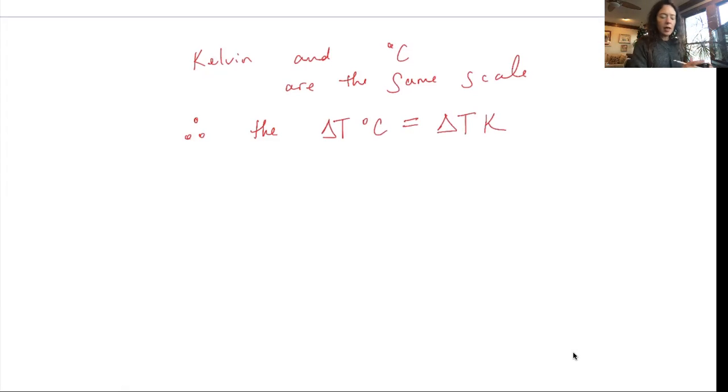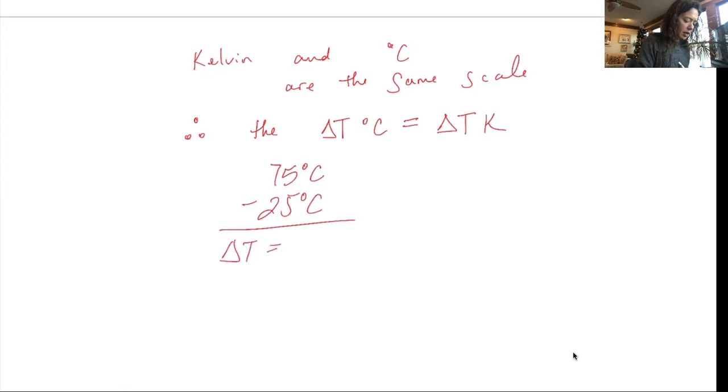Just take it, right? If we change 75 degrees Celsius minus 25 degrees Celsius, the change in temp equals 50 degrees Celsius. If I was to take both of these numbers and add 273 to them, I now have 348 kelvins. This is 298 kelvins.